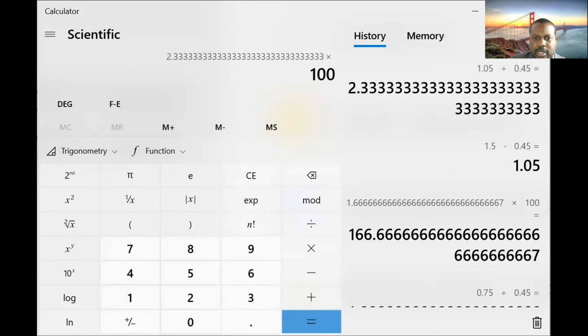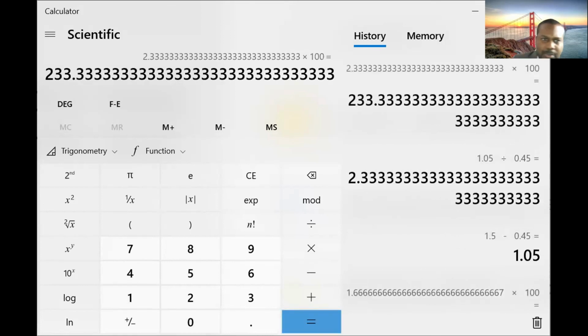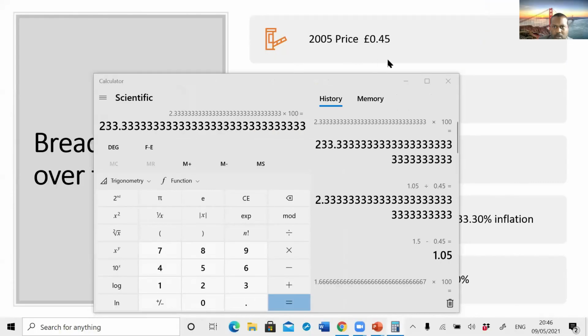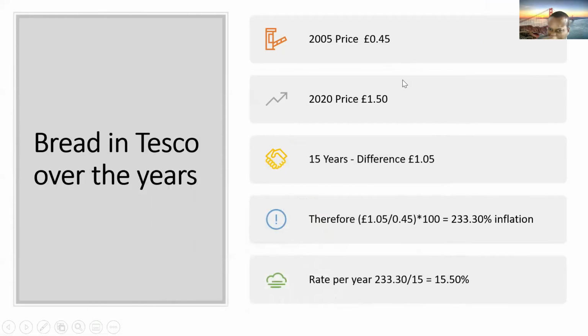Multiply by 100, that's 233%. Okay, so yes. So we can see here the rate of inflation on this from 2015 until now, that's 15 years, is 233%.